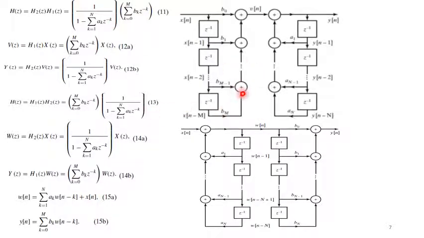Theoretically, the order of the implementation does not affect the overall system function, but we will see that when a difference equation is implemented with finite precision arithmetic, there can be a significant difference between these two systems that are equivalent under the assumption that we are using infinite precision arithmetic.